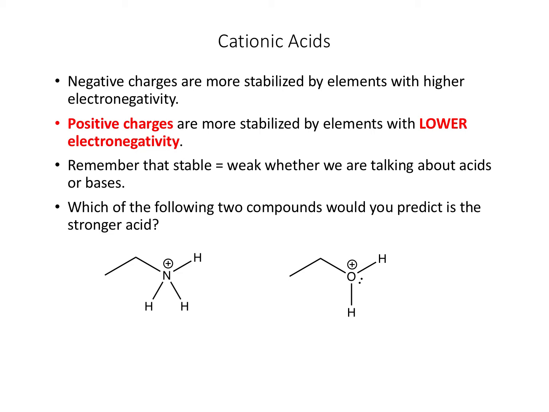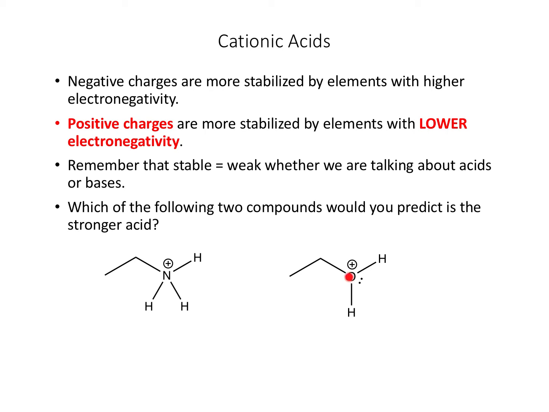the weaker it is. So if I was given these two cationic acids and was asked which one was the stronger acid, I would look at how good each element that has the positive charge, in this case the nitrogen, and in this case the oxygen, is at stabilizing positive charges. Well, positive charges are more stabilized by elements with lower electronegativity.